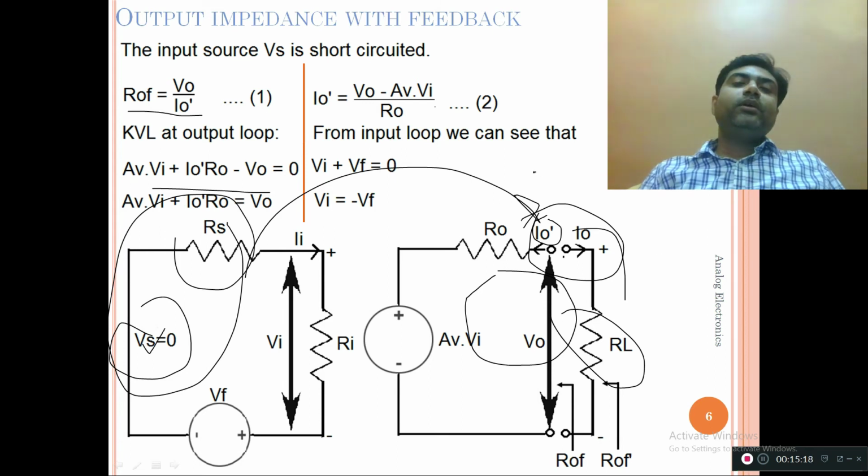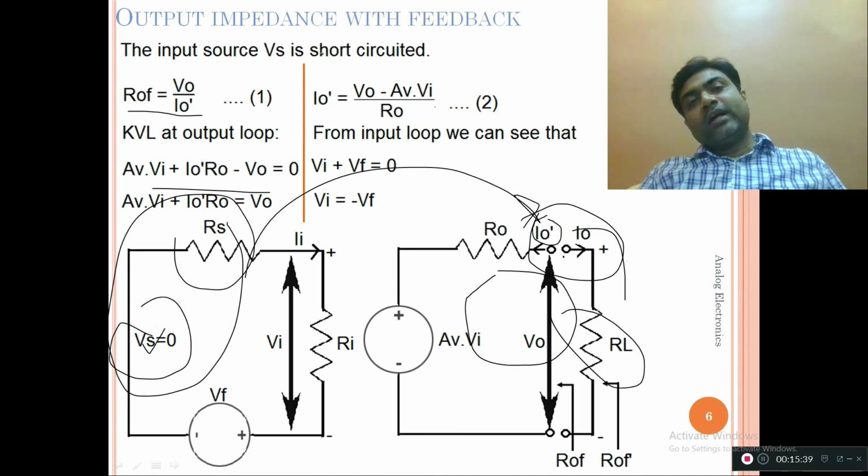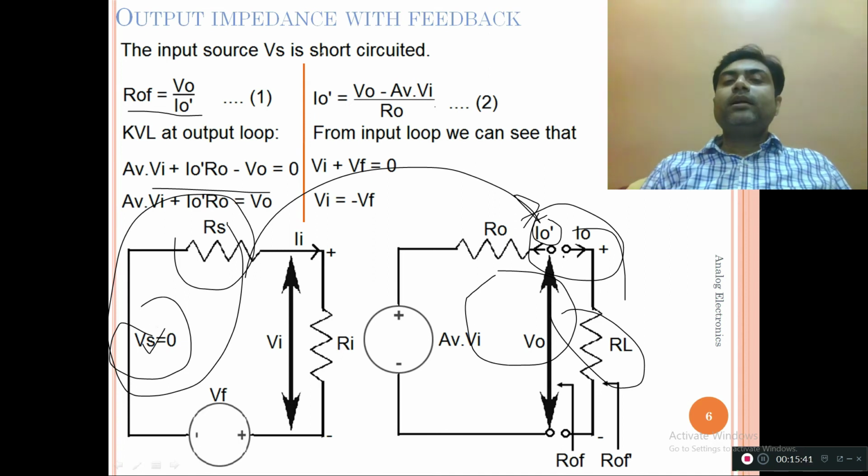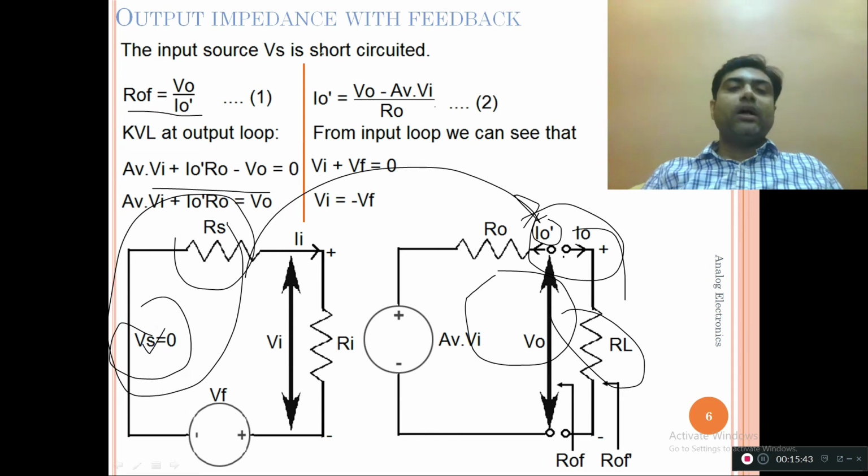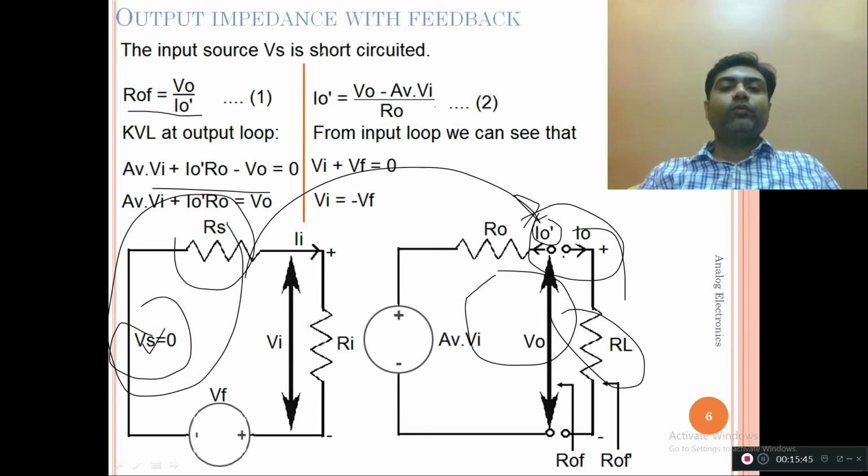As we did in the previous case while calculating the input impedance, we want some value which is dependent on the output circuitry, and in the previous case it was the voltage V0. Here, in the relationship in equation number 2, we can see that Vi is the term which reminds me of the input circuitry, and whatever Vi is available across the input has to come across the output in order to solve equation number 2.